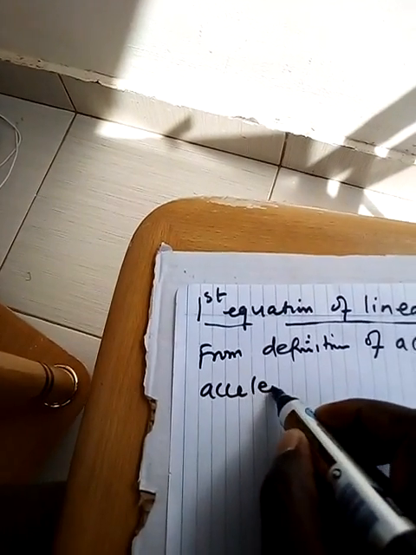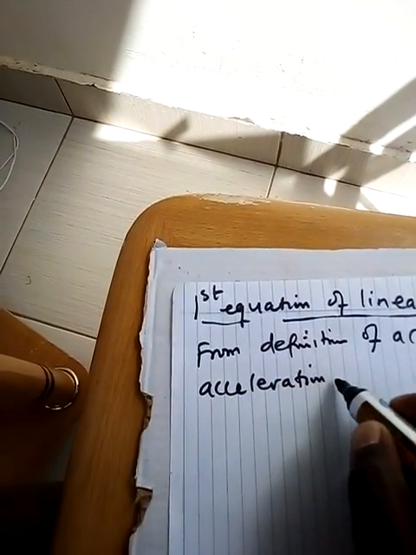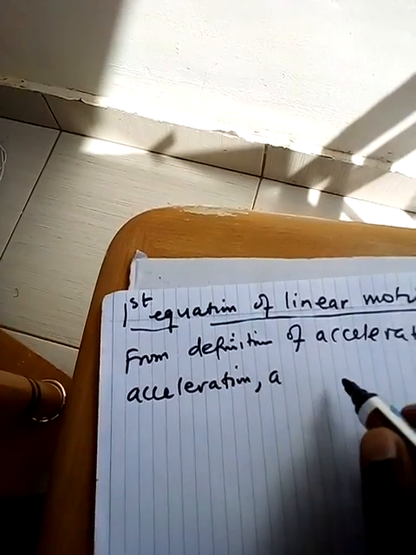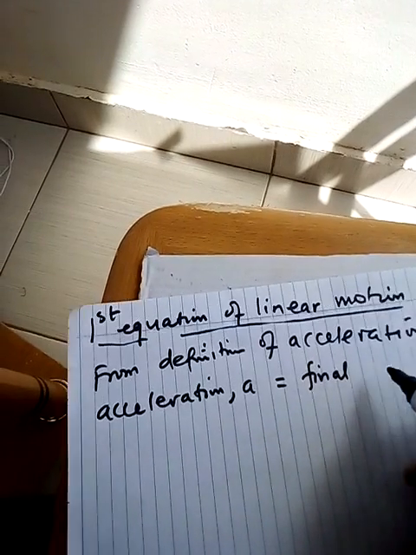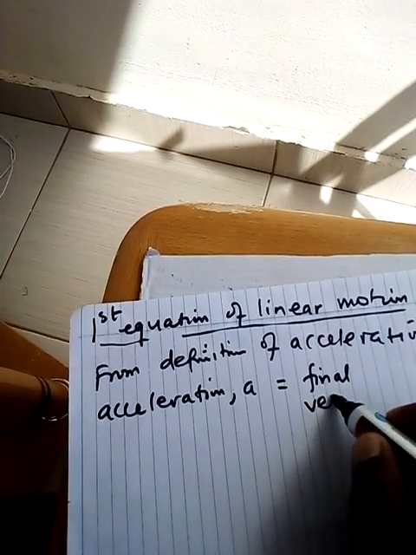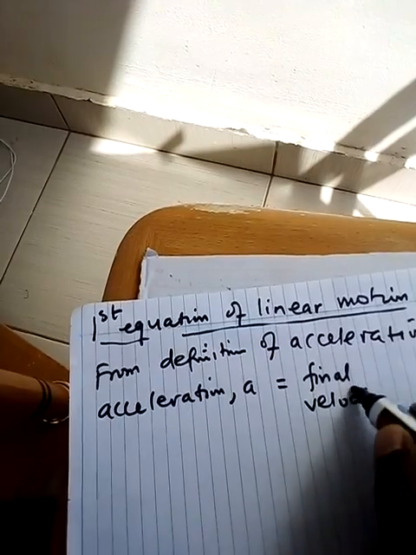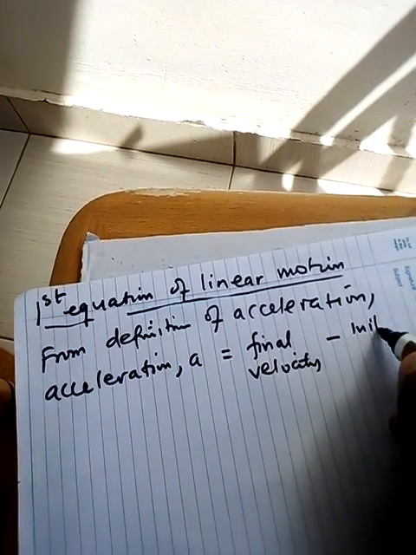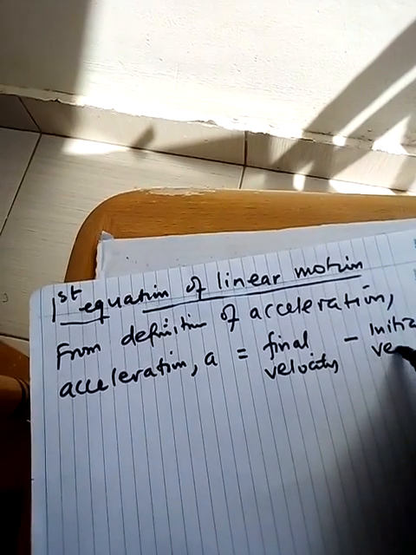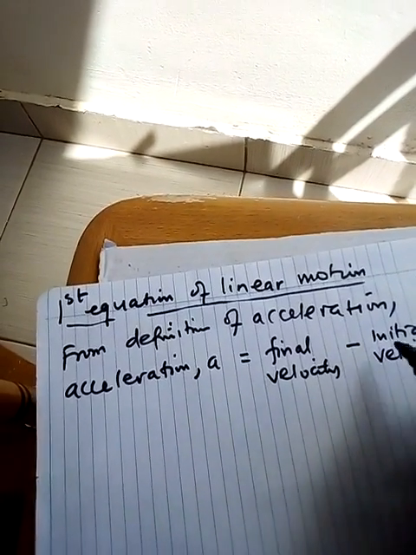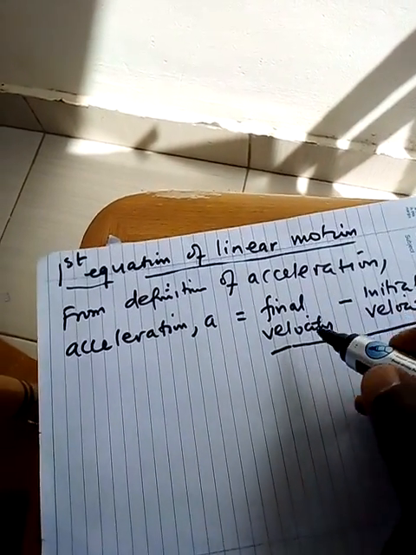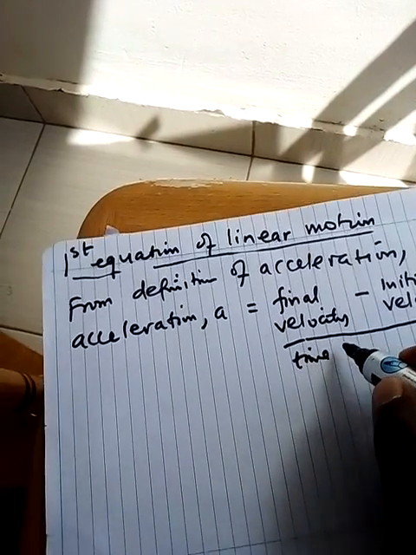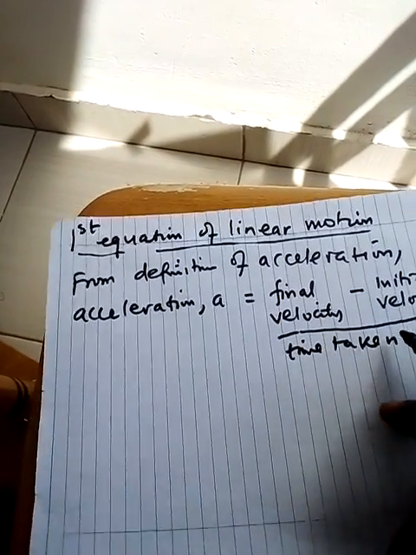Mathematically, acceleration a is equal to final velocity minus initial velocity, divided by time taken for change.